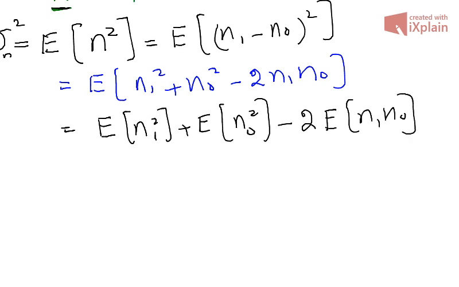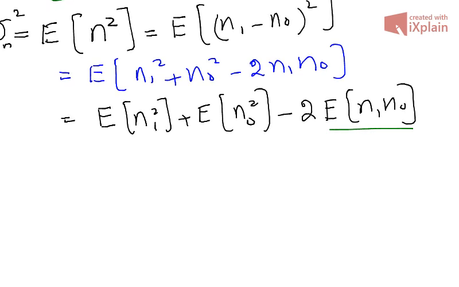So you can rewrite this expression in this form. Now let's try to find out this term for n1 and n0 first, and then we will come to the other two terms as well.